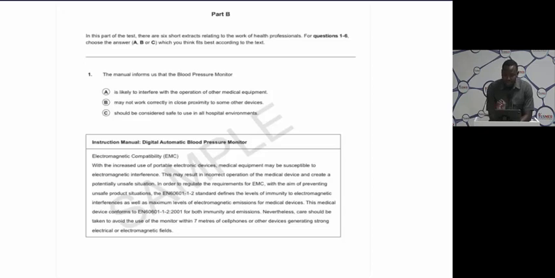So let's start with the instruction. Don't forget that in the real exam, you're going to have about 6 questions in total like this, and that is going to be in the reading part of the exam. The instructions say, in this part of the test, there are 6 short extracts relating to the work of health professionals.